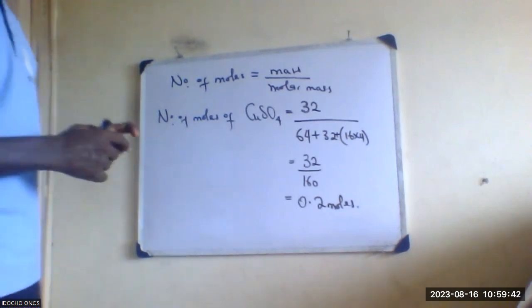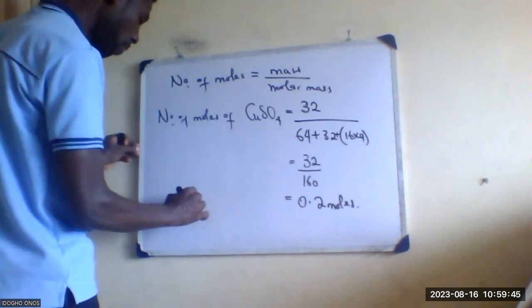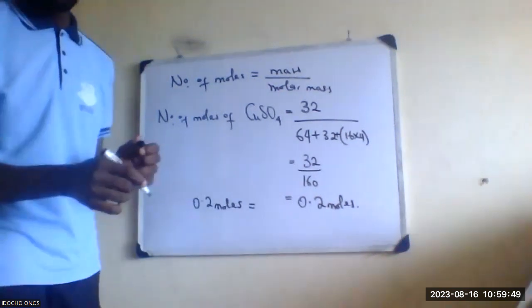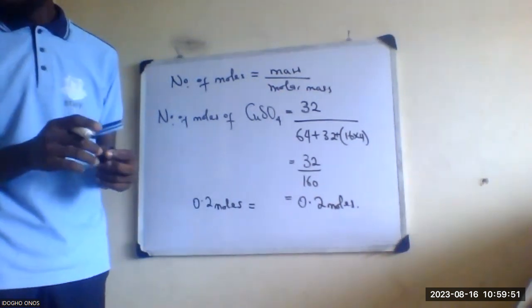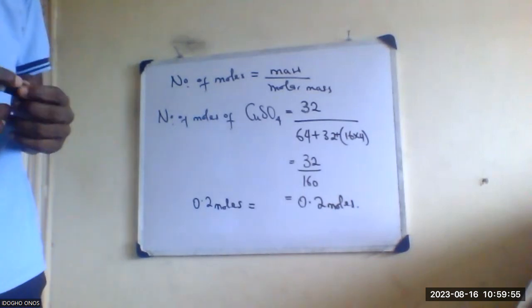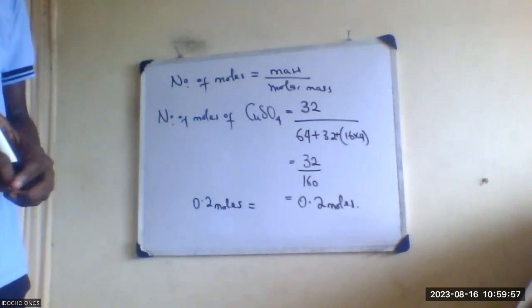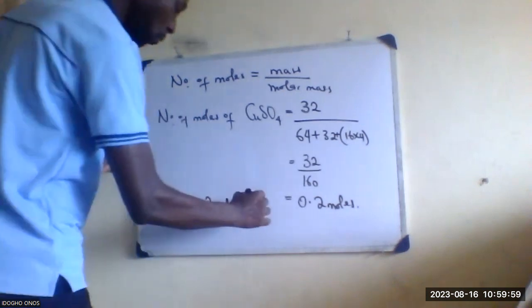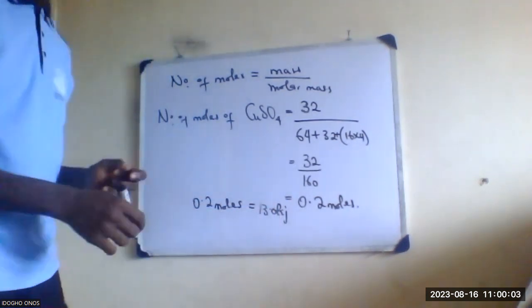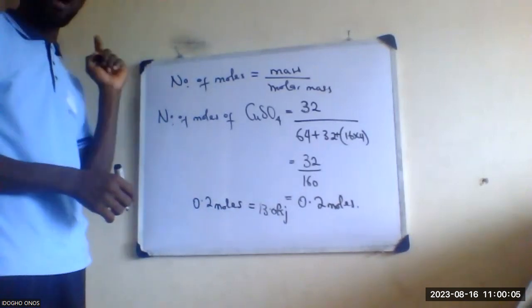Okay. Now we move on. That means 0.2 moles will give us a certain amount of heat, which was in the question, to be what? 13.0. They now ask us to calculate the heat of solution. Remember, heat of solution is always for 1 mole.